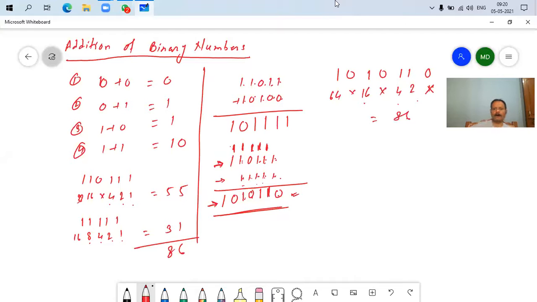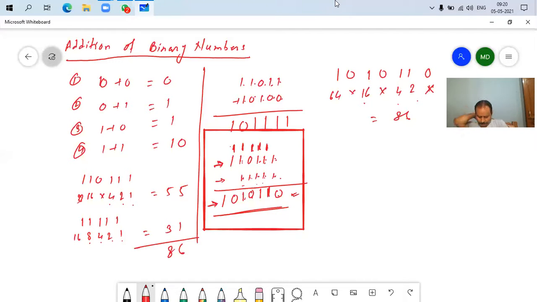That means our summation, this math, what we had tried to solve is correct. There is no problem. This way, you can also check your answers.